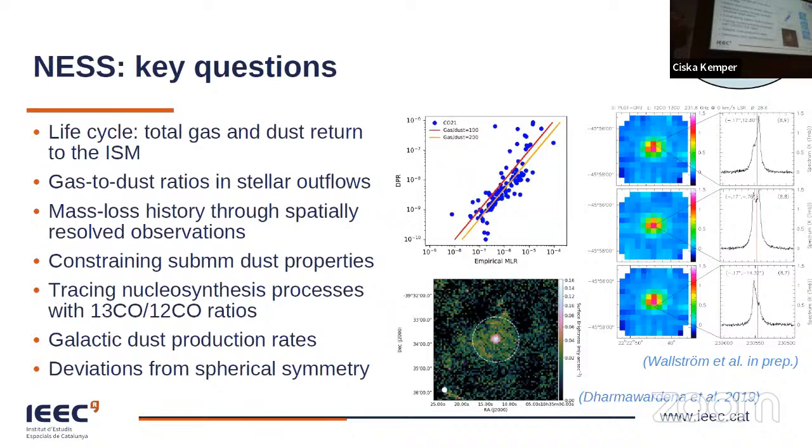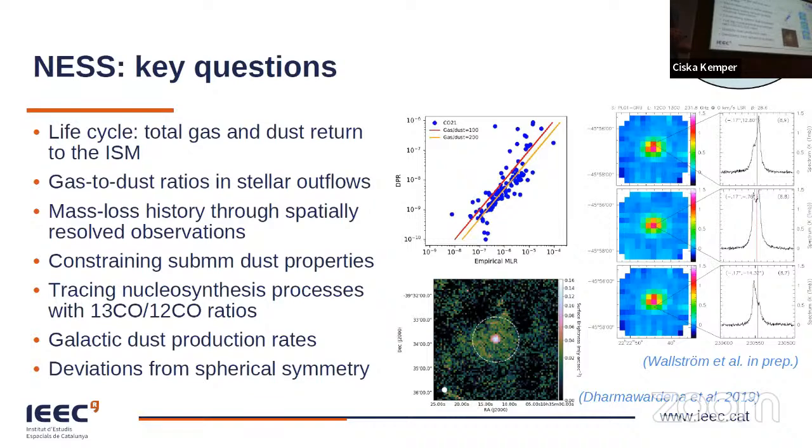Tracing nuclear synthesis processes is something that we want to do, looking at the 13CO to 12CO ratios. Ultimately, we want to extrapolate what we find in this nearest few kiloparsecs to a galactic dust production rate. And we think that some of the observations will be suitable to detect deviations from spherical symmetry.